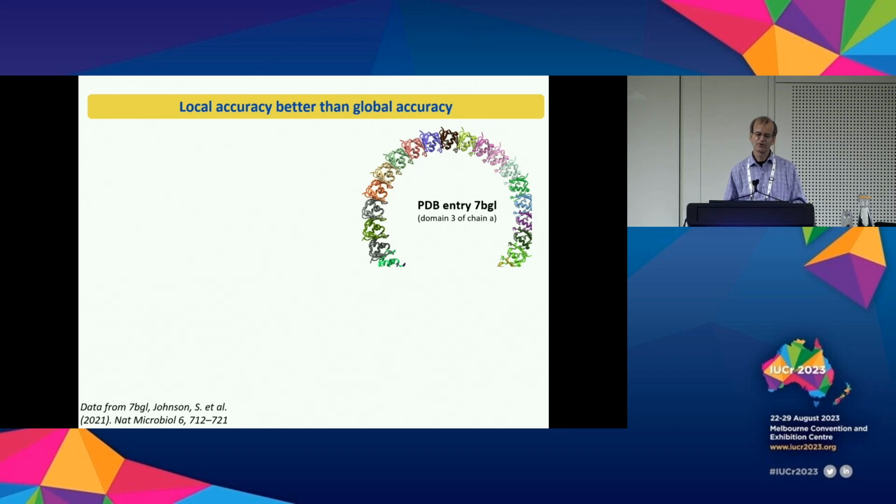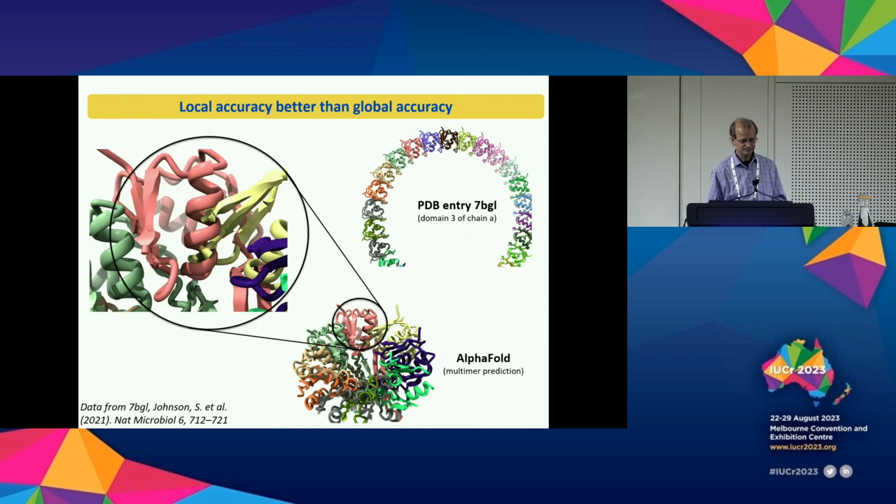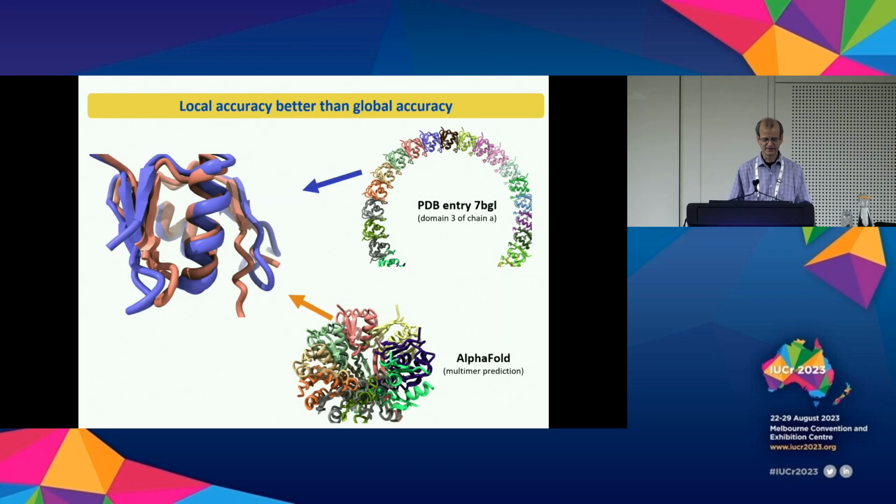So here's a prediction of domain 3 of chain A of PDB entry 7BGL. It's a 26-mer, and so a little bit of a challenge. So we predict this with AlphaFold, and what do you get? It's a little bit of a mess. But actually, if you look at it in some detail, there's the mess. There's overlapping. But if you just look at one monomer, it's not perfect, but it's actually quite similar to the right answer.